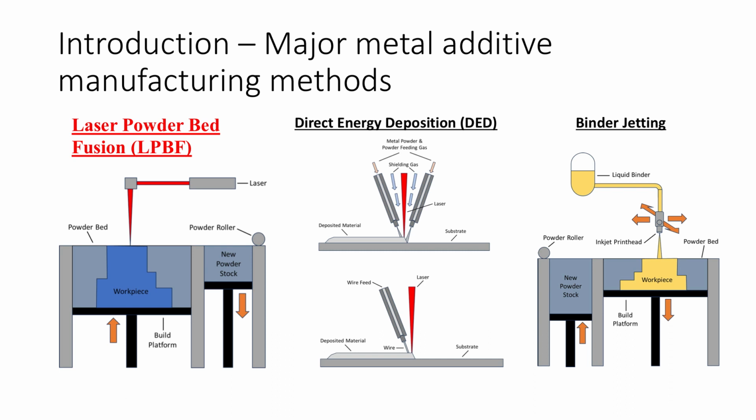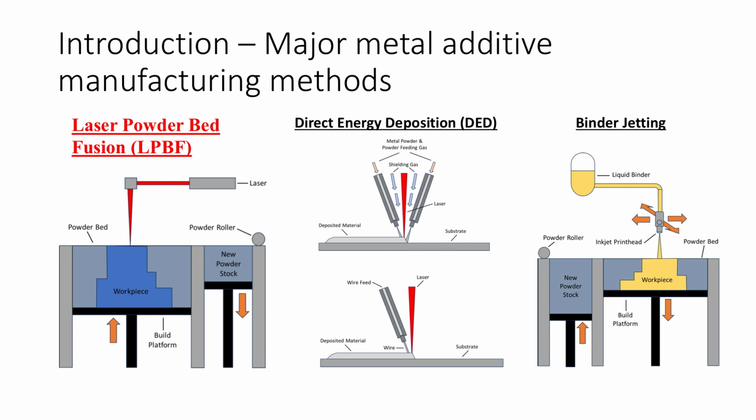Binder jetting method, instead of laser, uses liquid binder, and it works similarly. This powder bed mechanism is similar to what the powder bed fusion method uses, but in this case, instead of binding the particles with the laser beam by melting or by sintering them, we use a glue, and we attach the particles to each other with a binder.